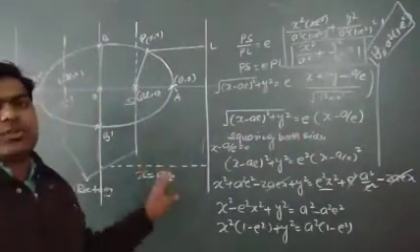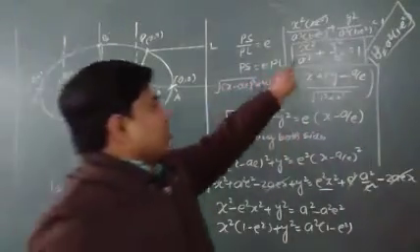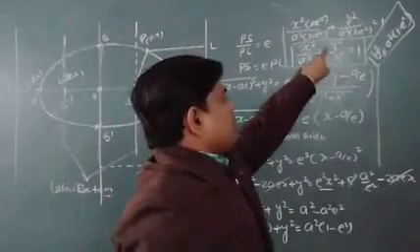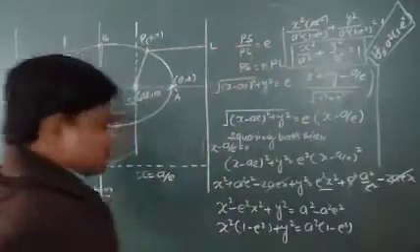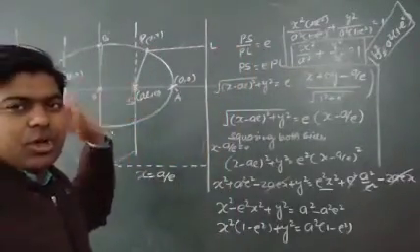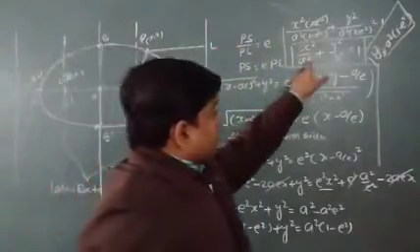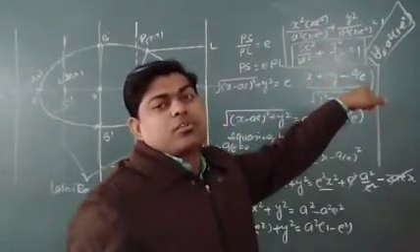Now listen very carefully to what I want to say. Here you have x²/a² + y²/b² = 1, where a is greater than b. Now, in some books, what is written? If a is less than b, then what will happen?